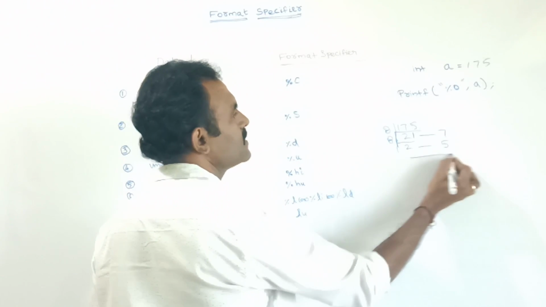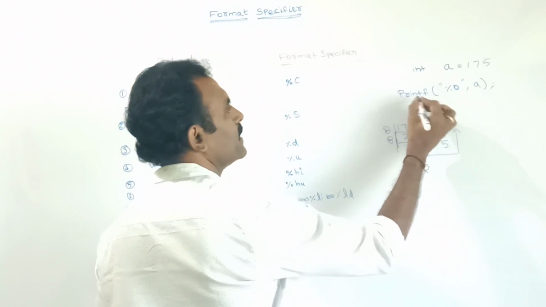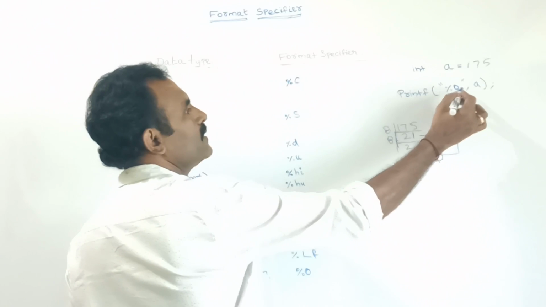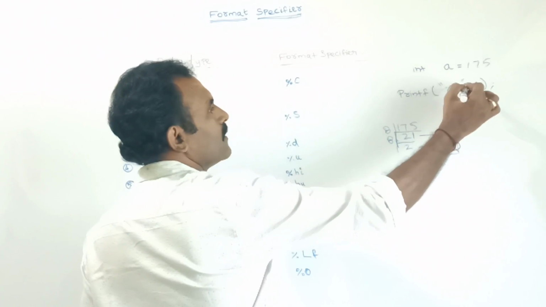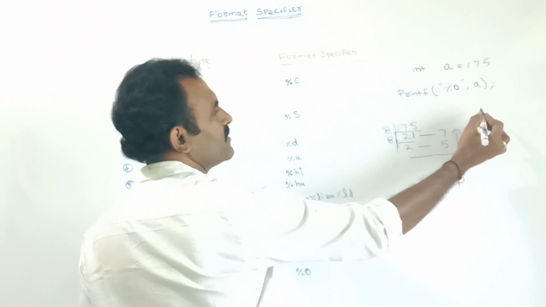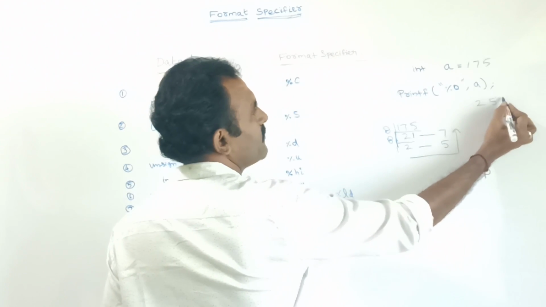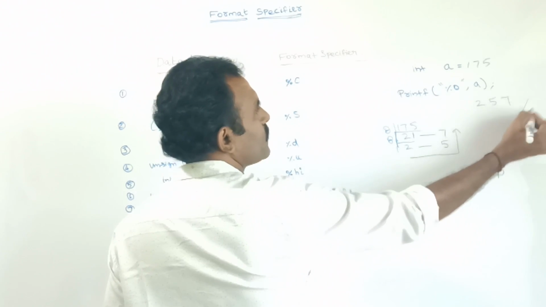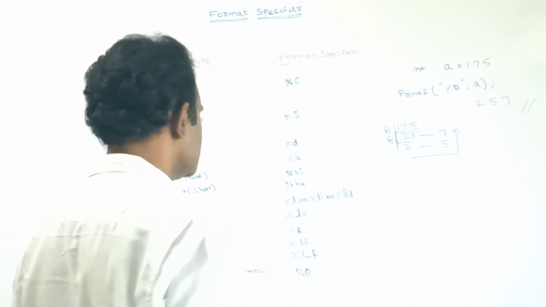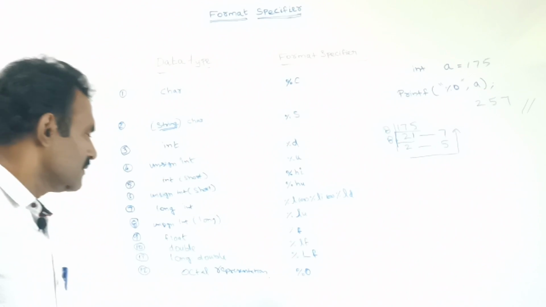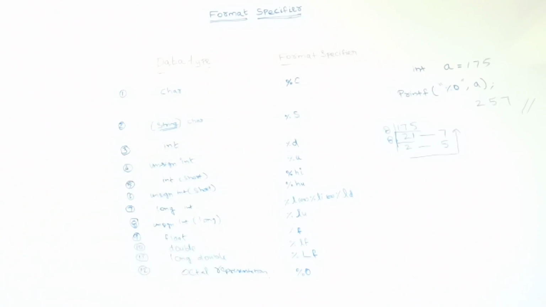If I tell it to print the octal representation of a, that is 175, the output will be 257. In this way we can convert to octal representation by using this format specifier.